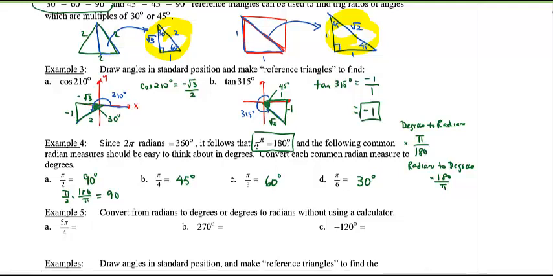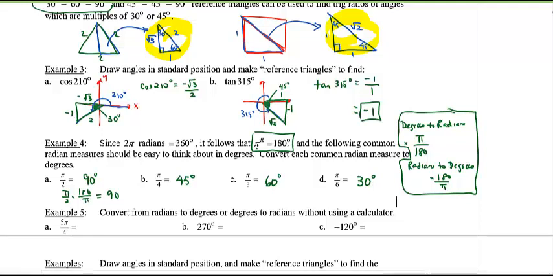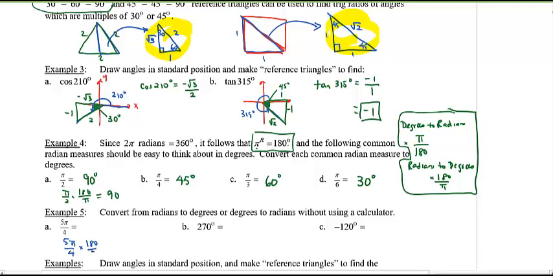Similarly, converting from radians to degrees or degrees to radians without the calculator, once again, we can use these conversion factors. So 5 pi over 4. I will just quickly say this. Oops, I need a pen. 5 pi over 4, I'm going to multiply that by 180 over pi.